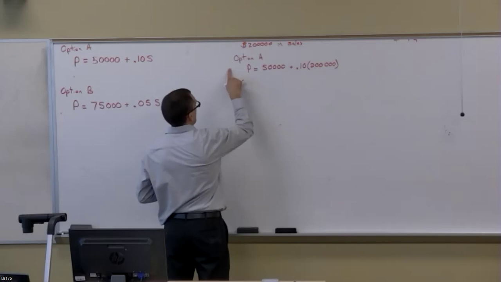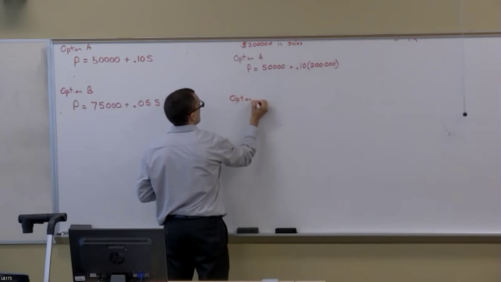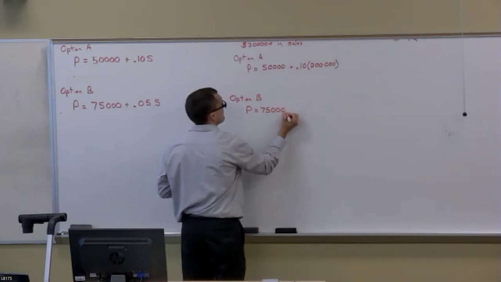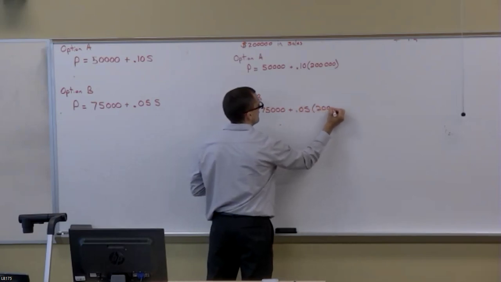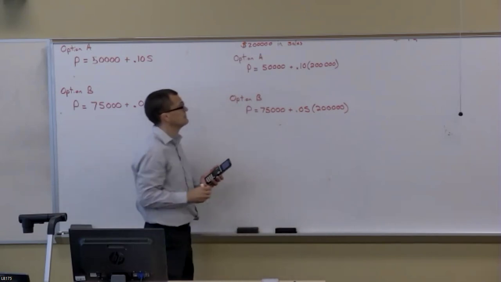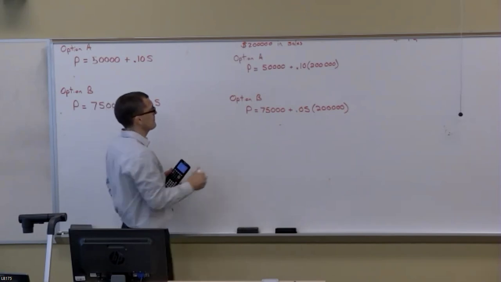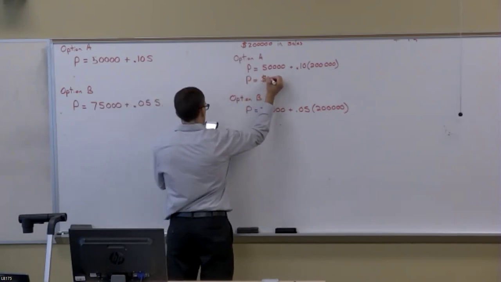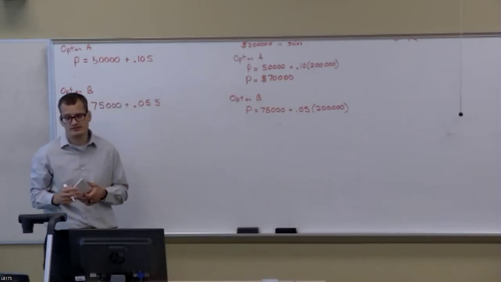Option B, I do the same thing except for the equation in option B. In option A, his total pay or her total pay would be $70,000.